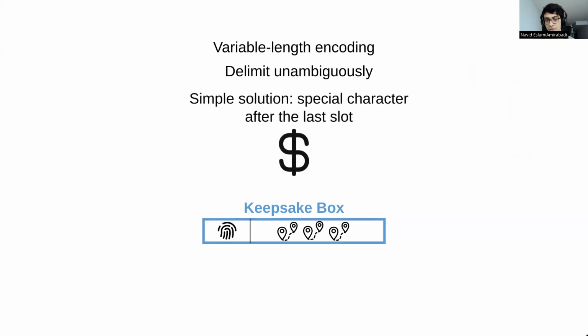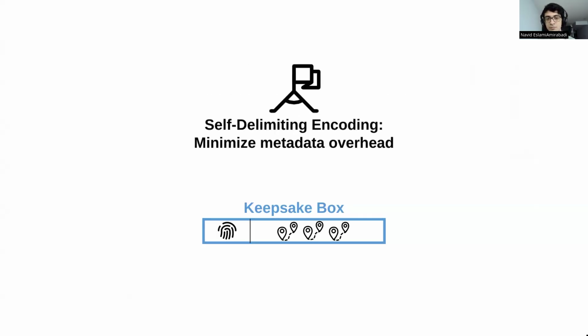Now, this is fine, but the issue is that this is very expensive in terms of memory. We're wasting a full slot for each one of the non-empty partitions in our universe. Instead, Memento filter minimizes the metadata overhead by employing a self-delimiting encoding for the keepsake boxes.